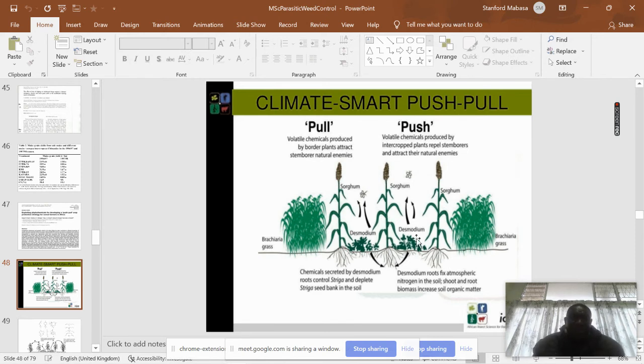So desmodium will push the insect out of the field, and it will be pulled by the grass which is outside. That's why it is called the push-pull strategy. And of course, it will take care of the striga, in addition to controlling stem borers.